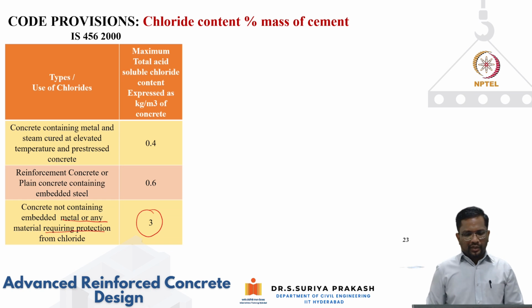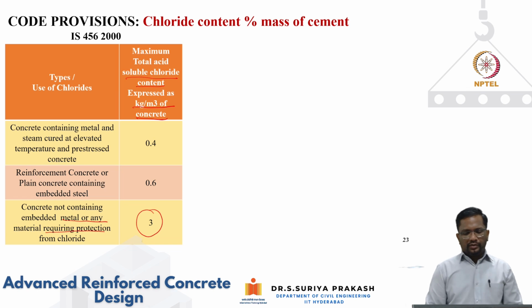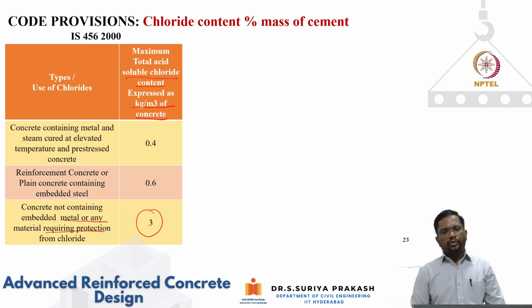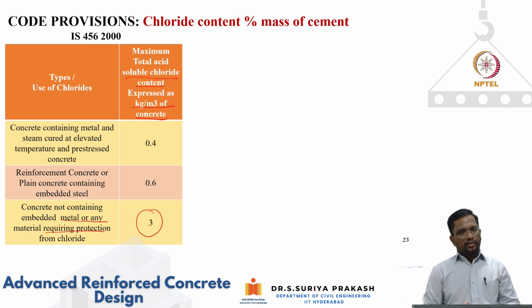This basically expresses maximum total acid soluble chloride content, which are soluble in acid, and they are expressed as kilogram per meter cube of concrete. So you can have about 3 kilogram per meter cube of concrete for this condition when the concrete does not have any embedded metal.